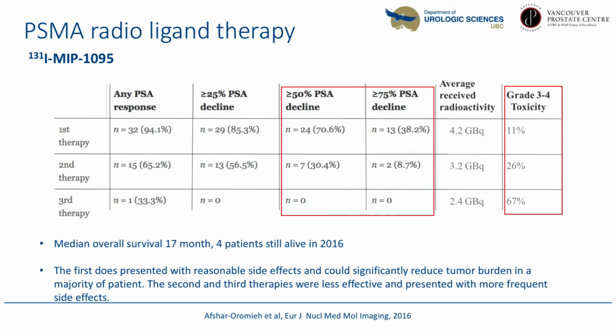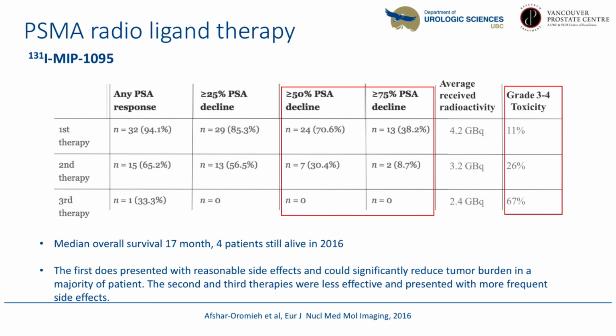The other thing we want to look at is the toxicity. Already after the first cycle, there was a grade 3 to 4 toxicity of 11%. Usually that's some kind of bone marrow depression, so anemia, thrombocytopenia or leukopenia. Another important thing relates to the physiological distribution of PSMA, so it's often xerostomia and nausea, which the patients really suffer from.